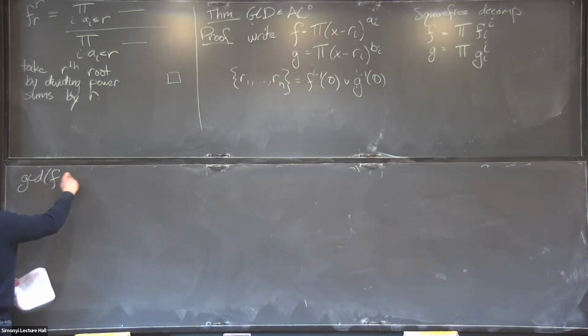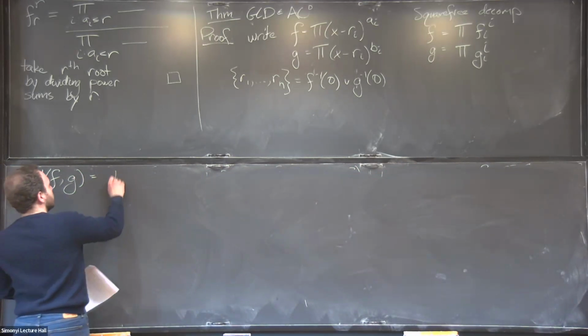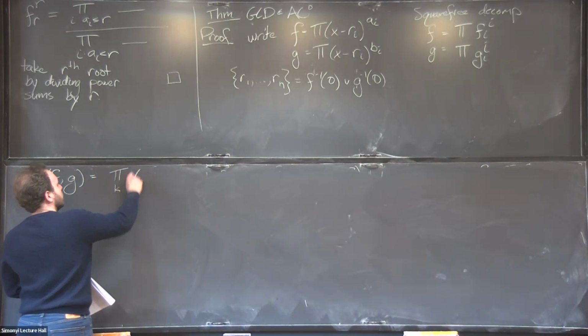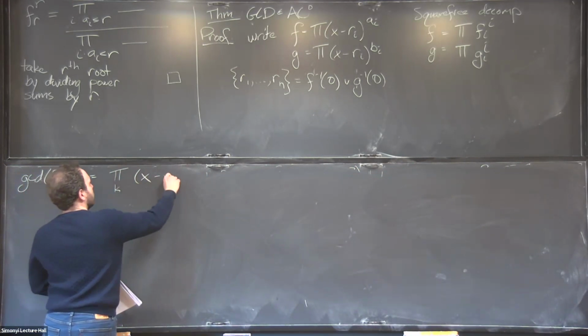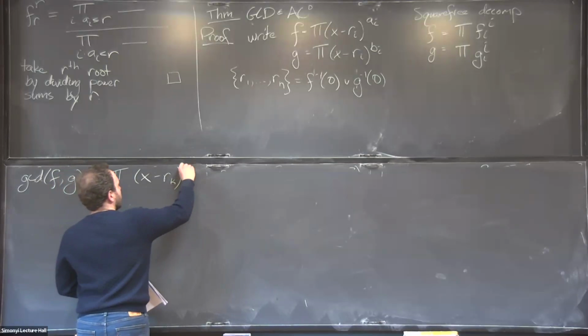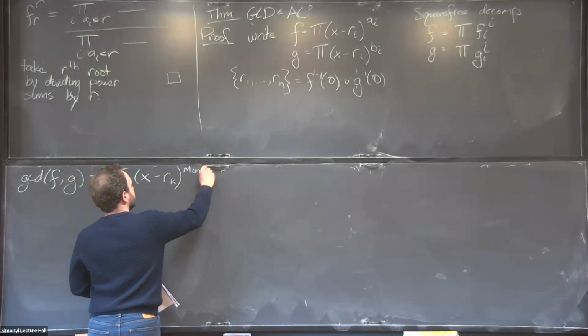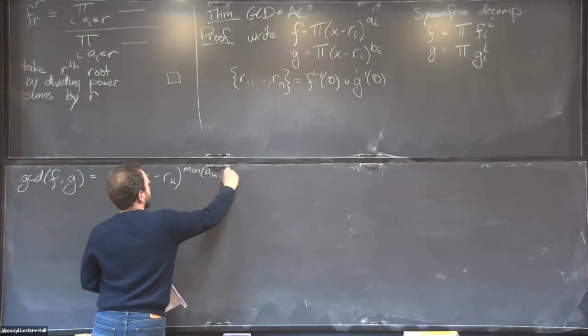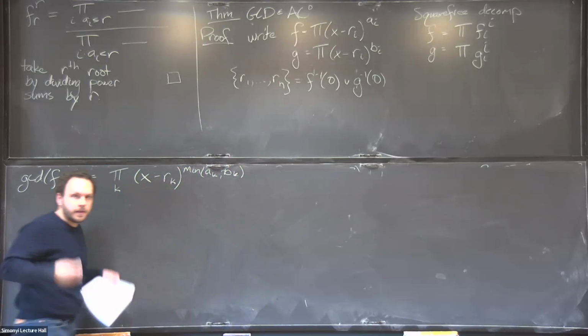I'll manipulate the expression a little bit, and then we'll see that it's actually something we can compute. What is the GCD? Well, it's the product over these factors. And what's the multiplicity here? Well, it's the minimum of ak and bk, right? That's the GCD.